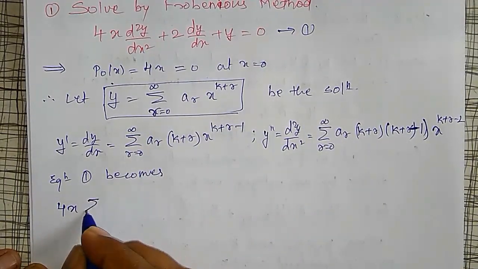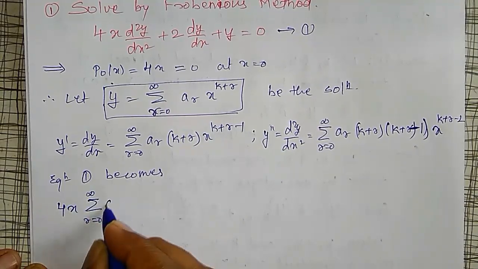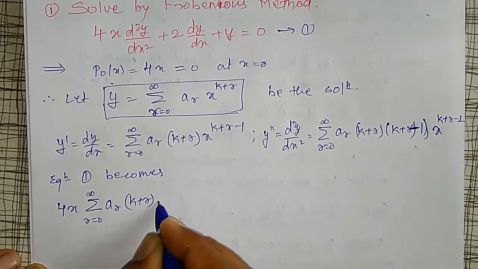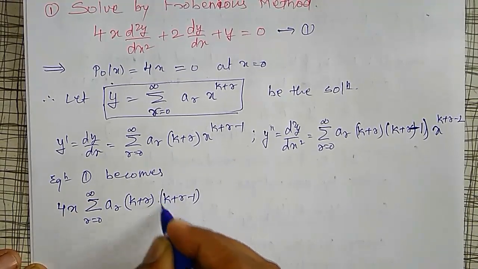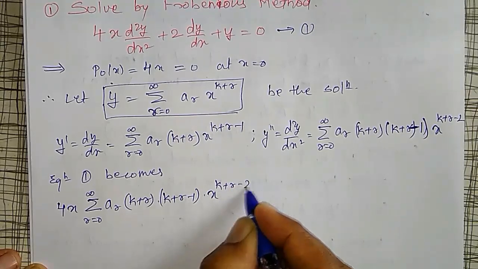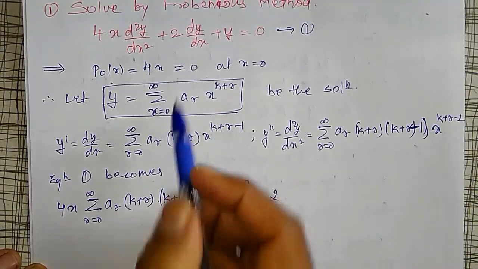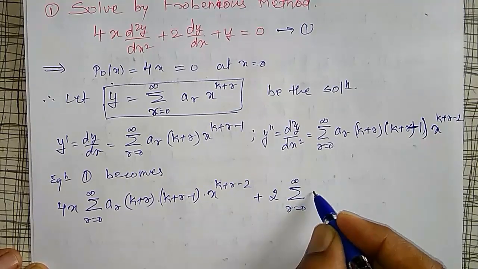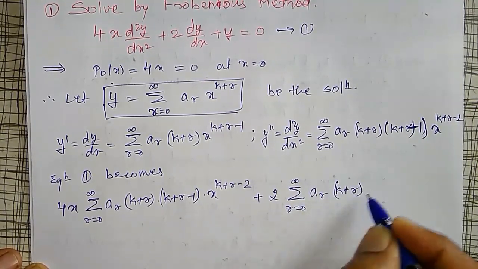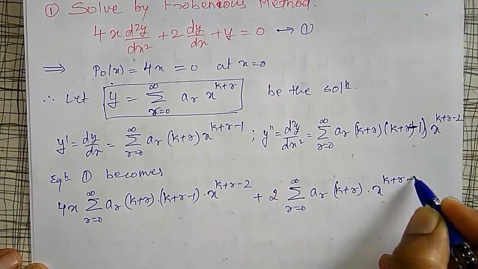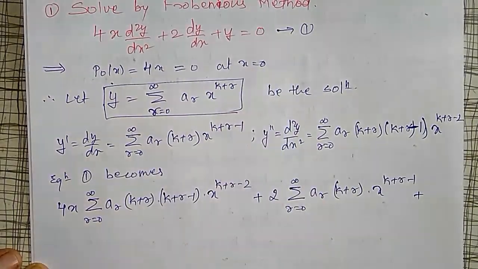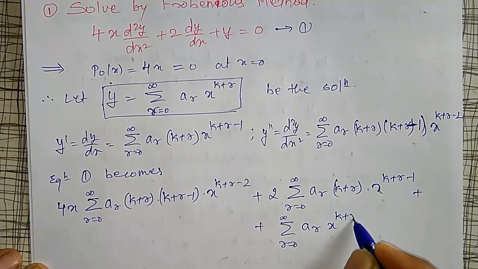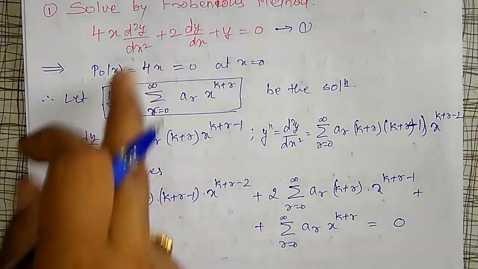I will substitute this: summation r equal to 0 to infinity ar k plus r into k plus r minus 1 into x to the power k plus r minus 2, plus 2 times dy by dx. dy by dx is this: summation r equal to 0 to infinity ar k plus r into x to the power k plus r minus 1, plus y equal to 0. y is nothing but summation r equal to 0 to infinity ar x to the power k plus r, equated to 0. This is after substitution.